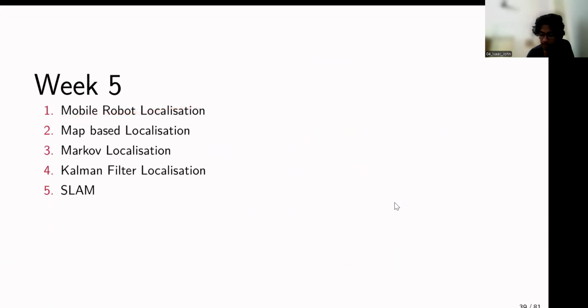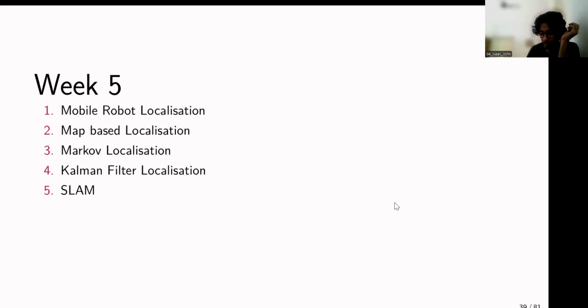And in mobile robot localization, we are mostly concerned with something called map-based localization. There are two schemes of interest where a map can be preloaded into a robot, or it can be supplied to a robot. An entire map of the environment can be supplied to a robot, and then the robot can perform localization based on that map and the readings from the sensors and encoders.